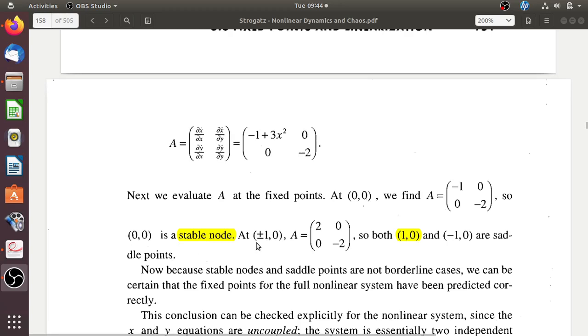How about the other fixed points? For both (plus or minus 1, 0), we have this as the A matrix.